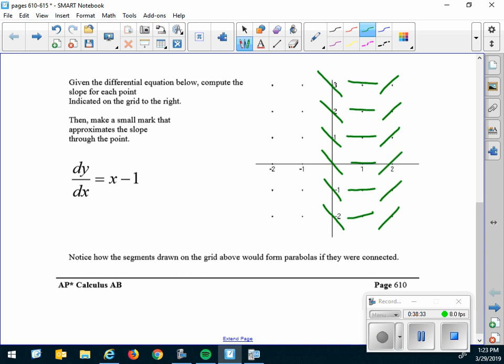When x is -1, -1 minus 1 is -2. So here, you're like, I don't know how to make a slope that's -2. Just make a slope that's steeper than -1. Don't make it vertical.